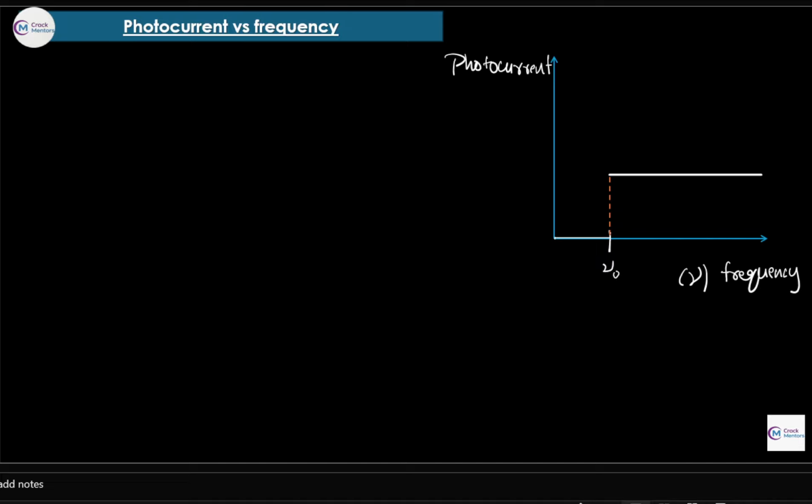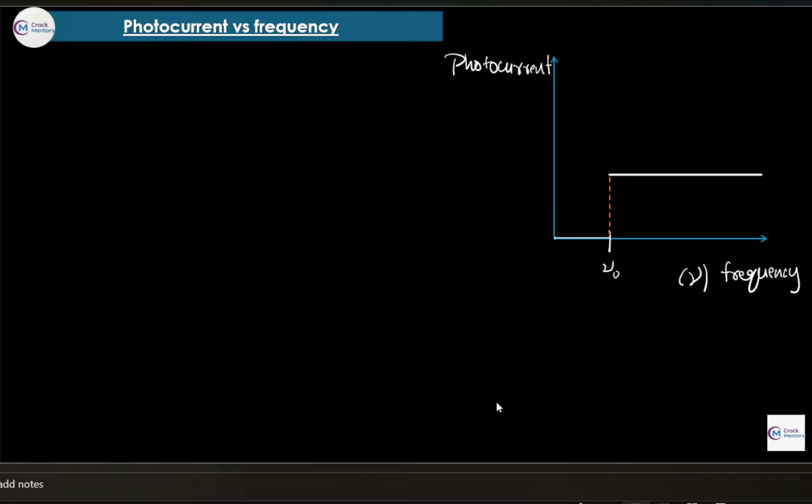What we are going to observe from here is that there is a sudden increase in the current, and the current is going to be like this. With this graph, we know that photocurrent is directly dependent on intensity.